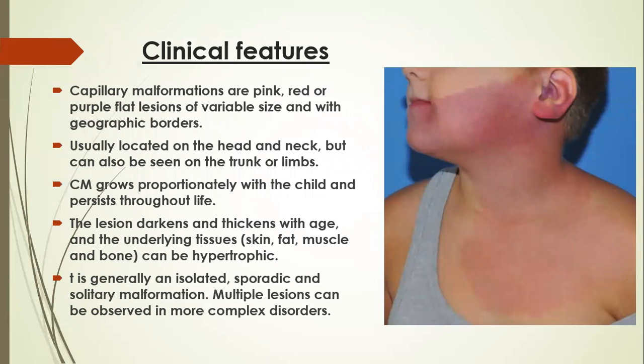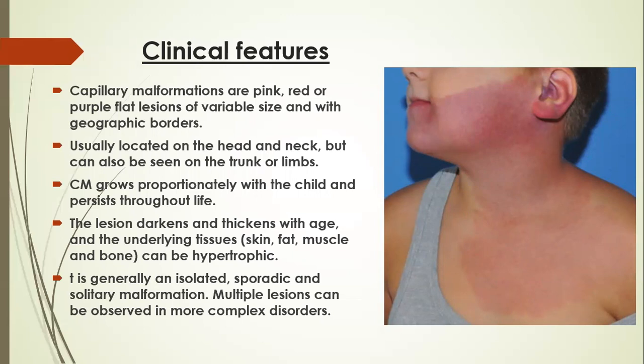Clinical features. The capillary malformations are pink, red, or purple flat lesions, which are variably sized with a geographic border. You can see this geographic border. Usually located on the head and neck region, but can be seen on the trunk and limbs. This capillary malformation grows proportionately with the child and persists throughout life.